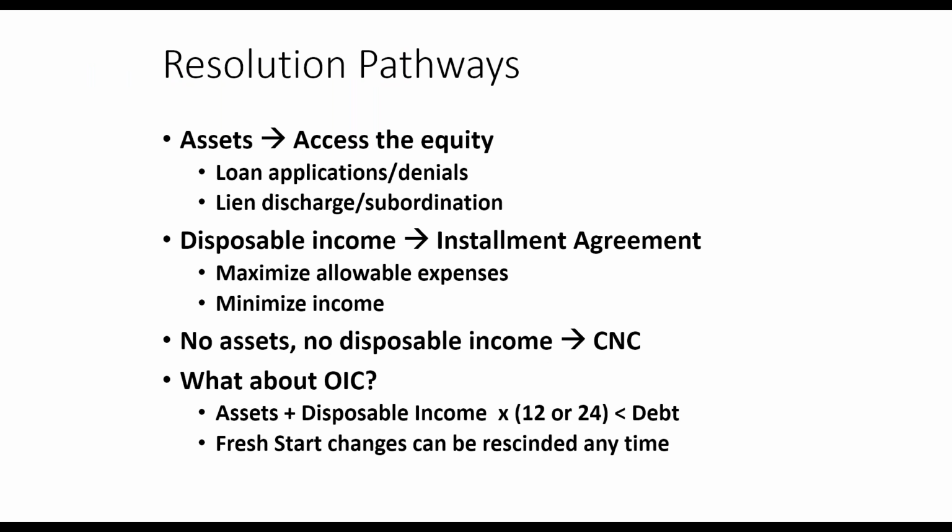So next I want to talk about resolution pathways. This is something that I created as kind of a handy reference for myself, something I'd encourage you to embody within your tax resolution practice as well. It's a very basic flow chart showing the options that a taxpayer has at their disposal.